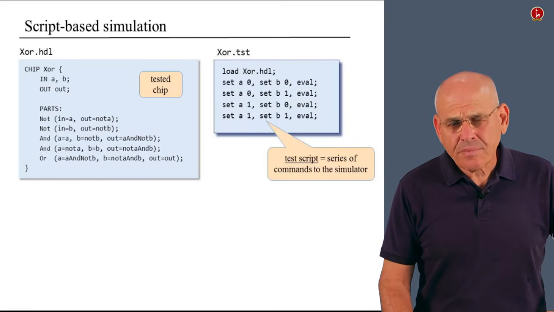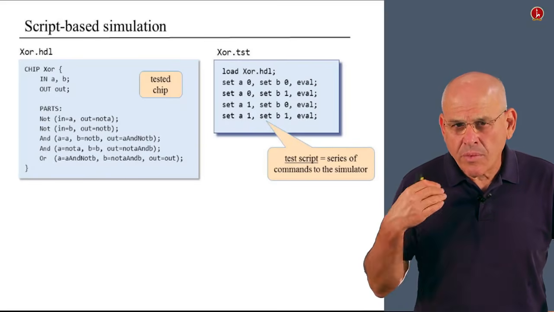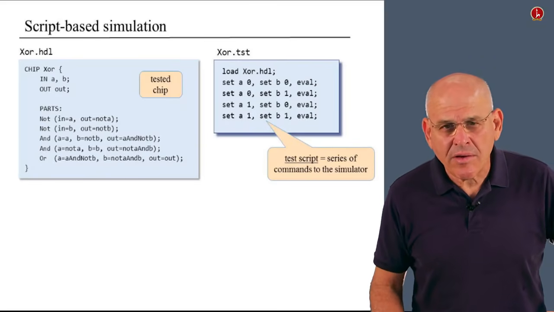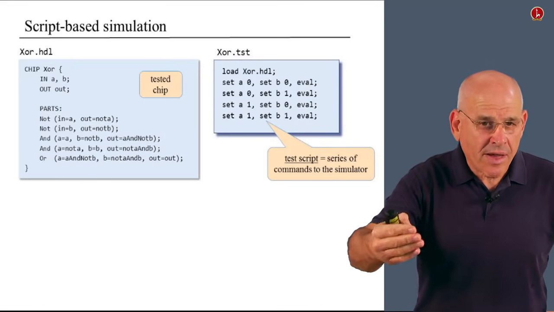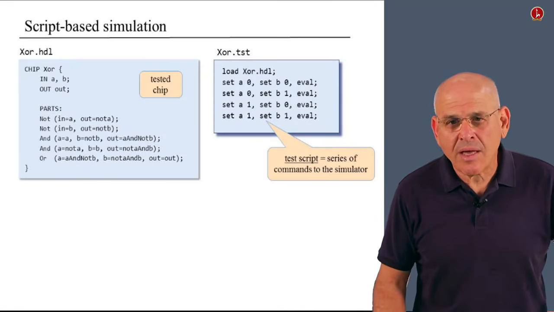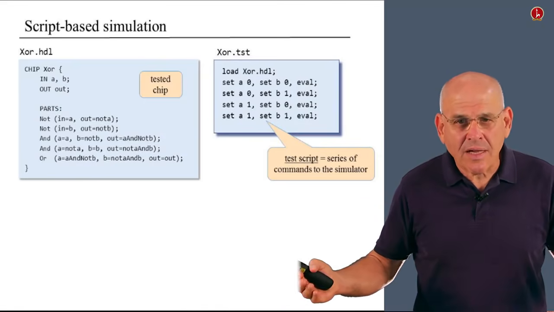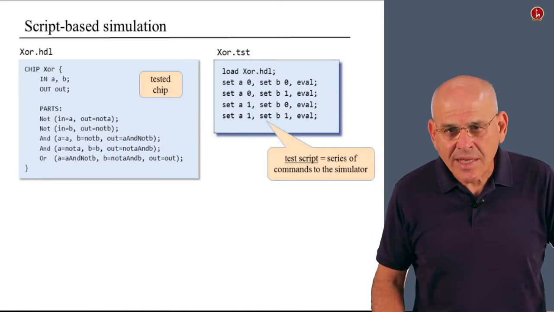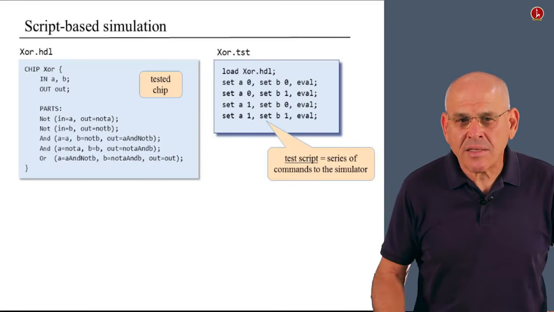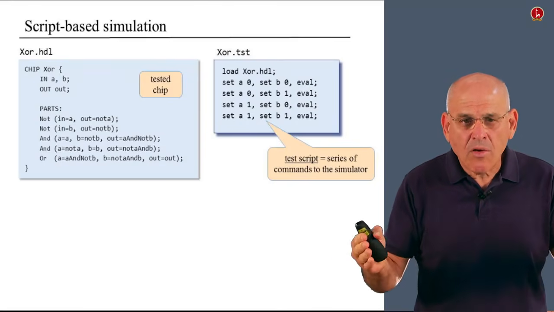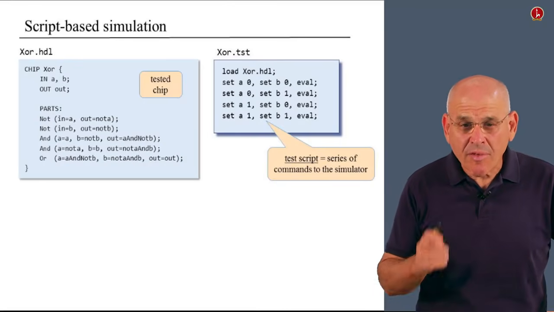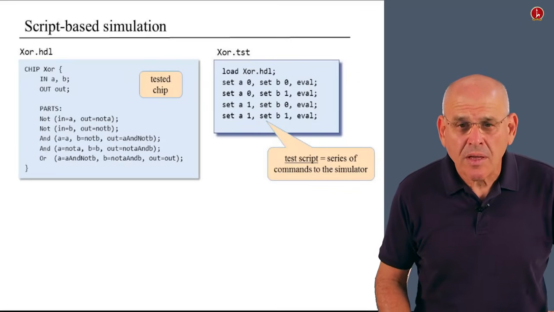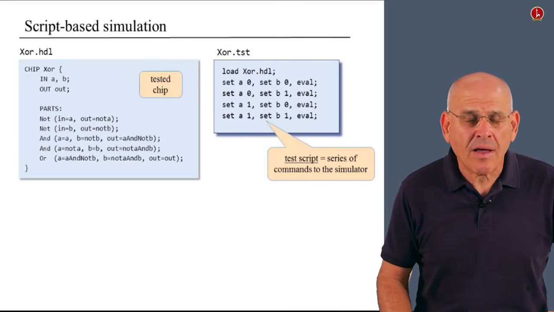And so we set the input values of the chip to 0 and 0. We evaluate the chip logic and observe the results. And then we go through the next test and so on and so forth until we complete all the input possibilities for this particular chip.